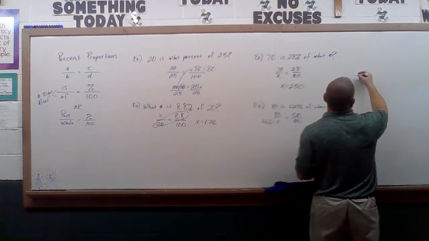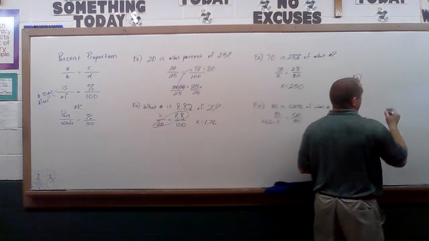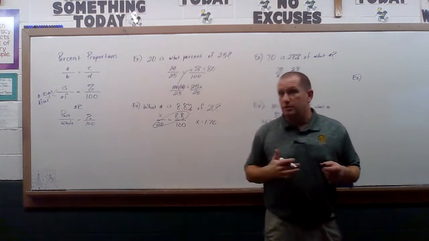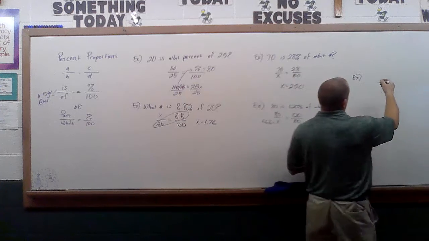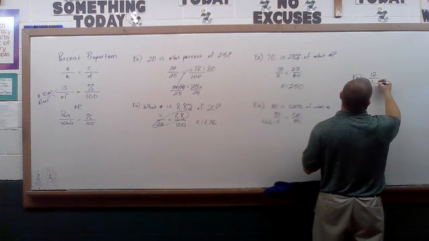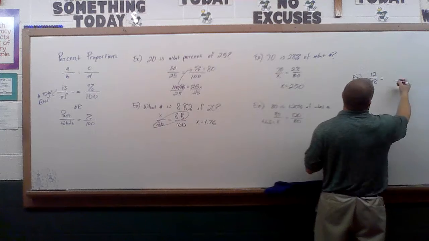So, first thing again, what is our proportion? 12 over 18 equals X over 100.